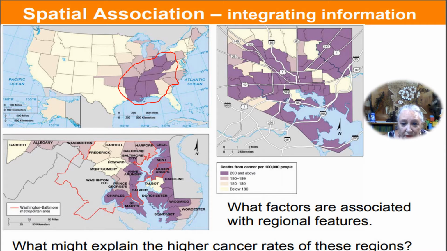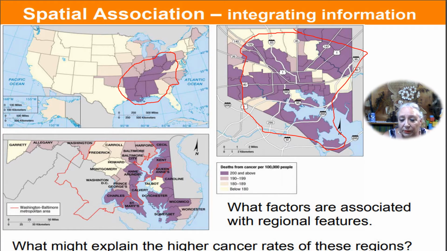Now take a look at this other map over here on the right, and you can see that in this area that we're looking at, what do we see that's distributed here? What are all these things? This looks like some kind of a node. All these things are coming together, and there's also a higher distribution of cancer in this area, 200,000 or more.